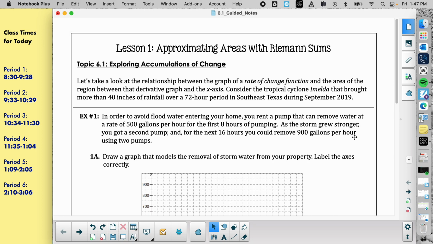We're on the second portion of calc now. It's called integrals, but another name that it can go by is antiderivatives. So it doesn't mean anti as in like dislike, right? It's the opposite of derivatives.